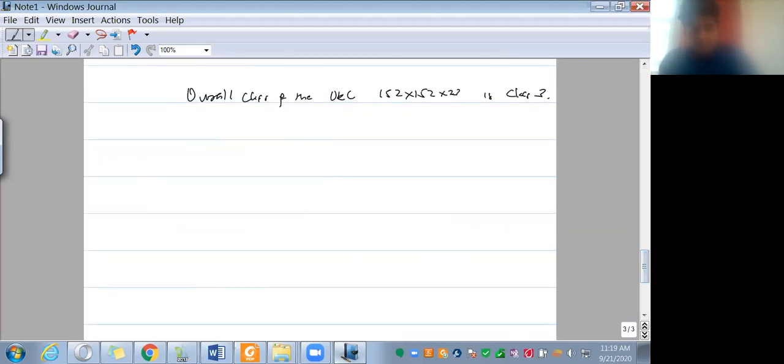Another failure that can occur for a column is buckling.